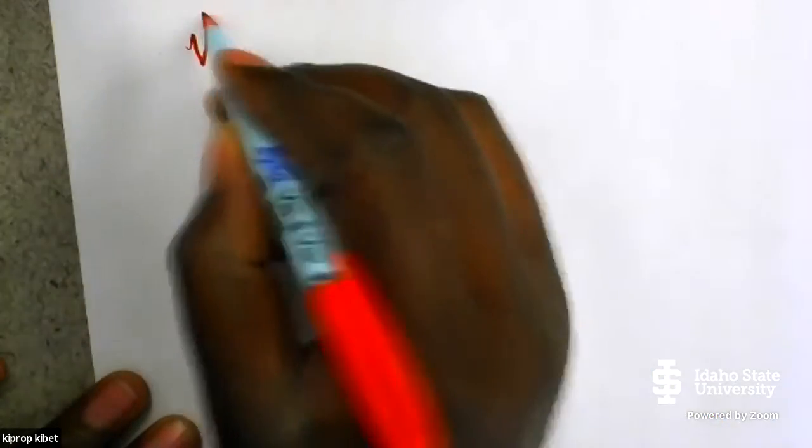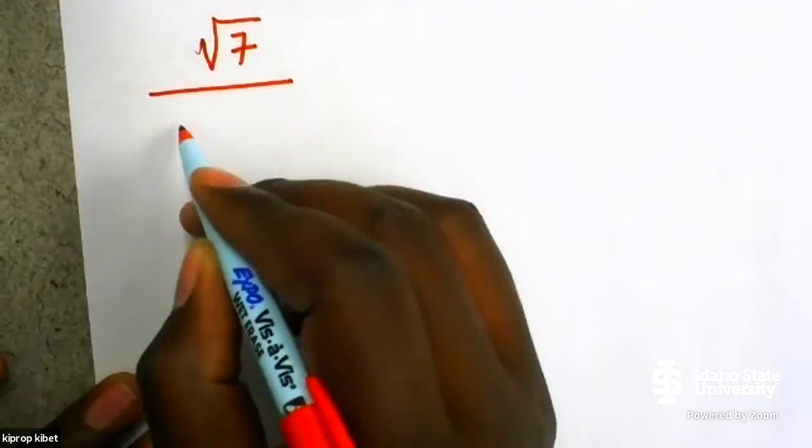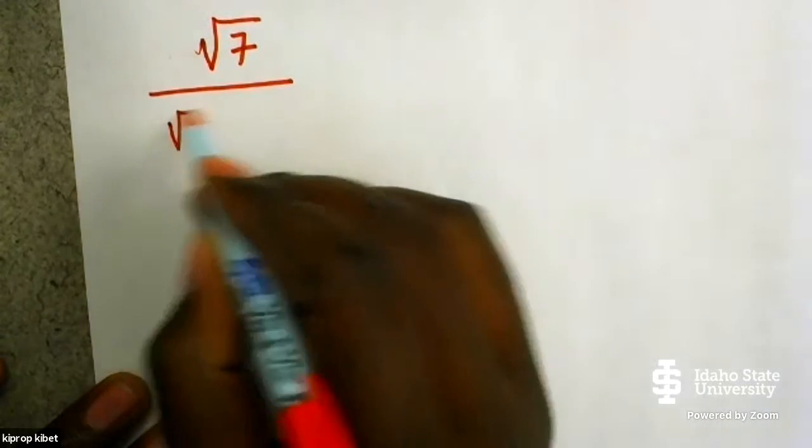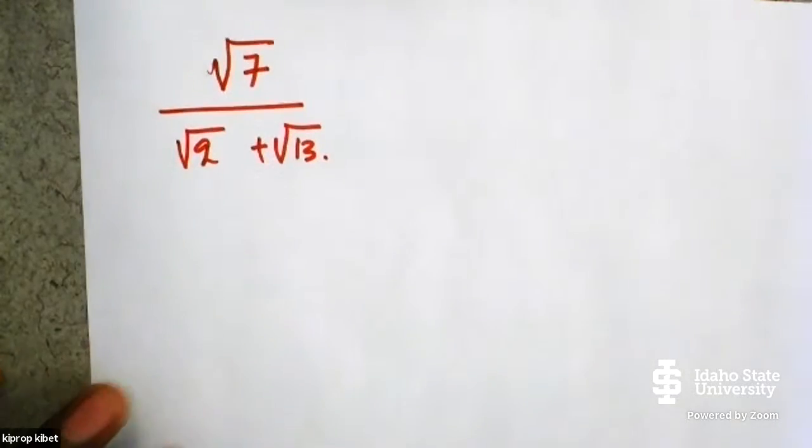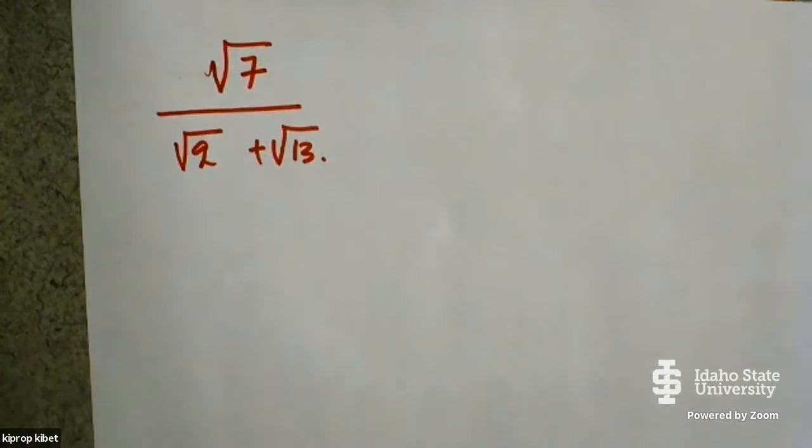Okay. Now, let's do the last one before we break. The root of 7 all over the root of q plus the root of 13. Simplify that. So what do you do here? You multiply by the what? Conjugate, right?